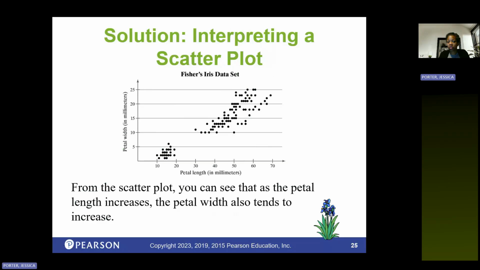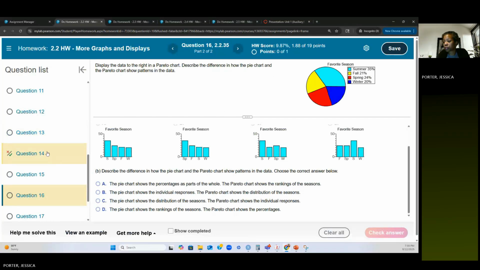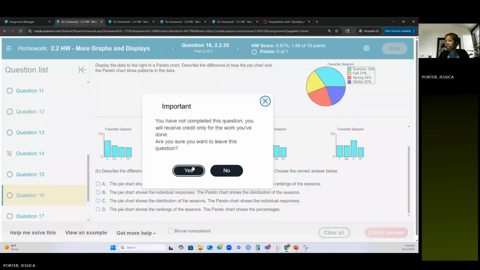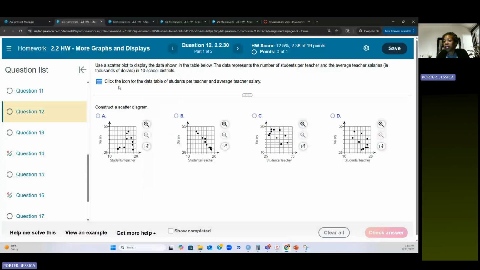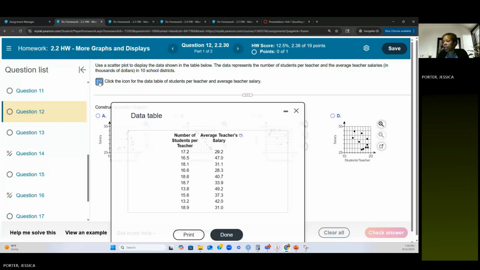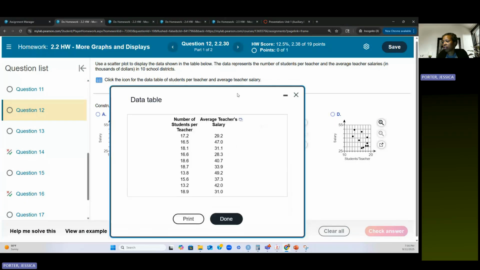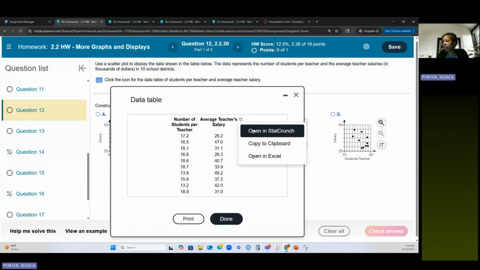Let's look at 2.2, question 12. Again, we have somewhere where we can pick up the data. So let's pick this up. I click on the icon for the data table and then open in StatCrunch.